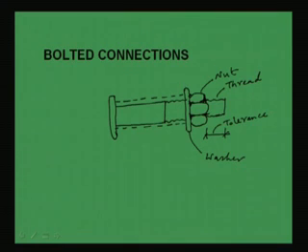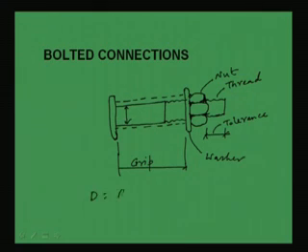All these dimensions of a typical bolt are given in the codal provision, in the form of a table. What the head diameter will be, what the thread will be, what the tolerance will be, all this has been given in the code. Now, this length is called grip and this is called bolt diameter.